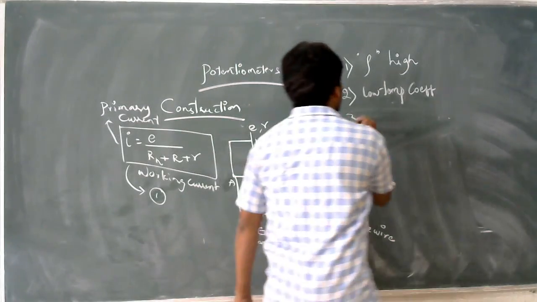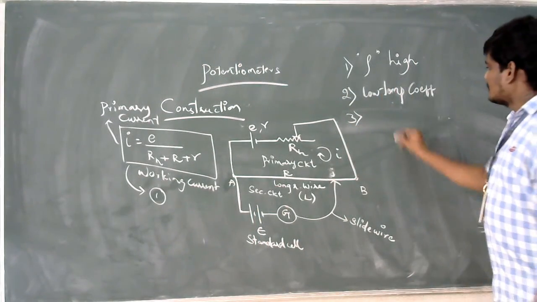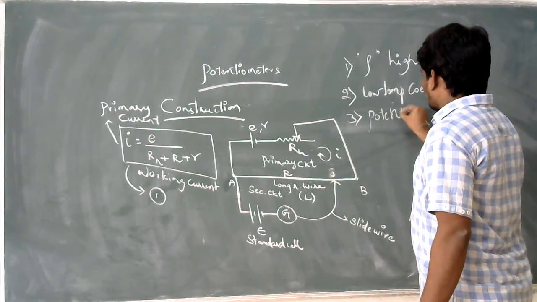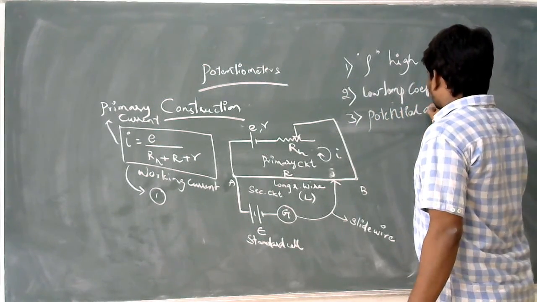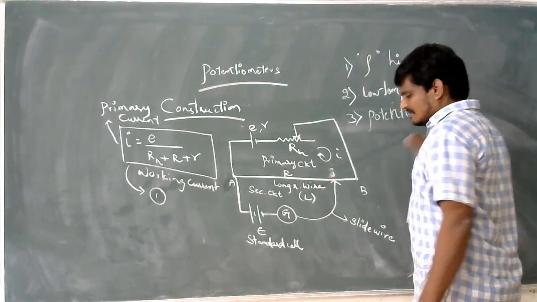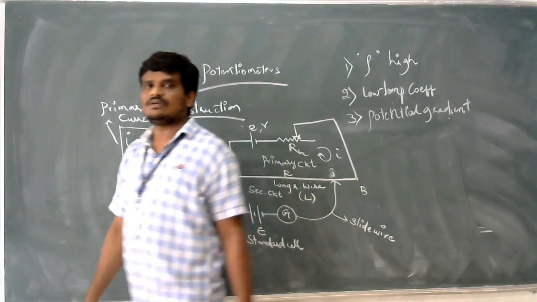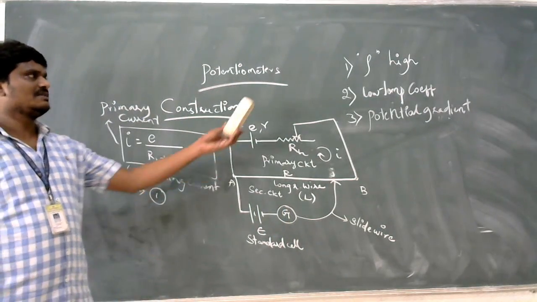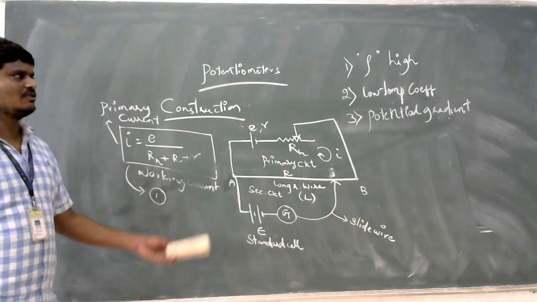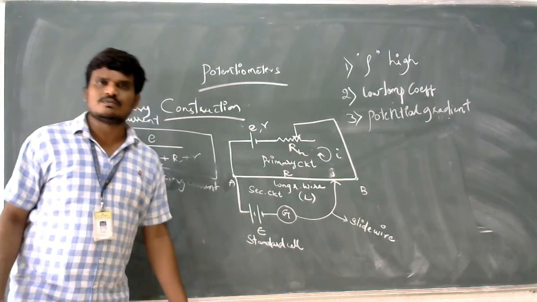Coming to the third property, potential gradient: the potential gradient offered by the potentiometer should also be high. These are the three basic properties of our potentiometer. The first point is regarding specific resistance, the second point is regarding temperature coefficient, and the third point is regarding potential gradient.